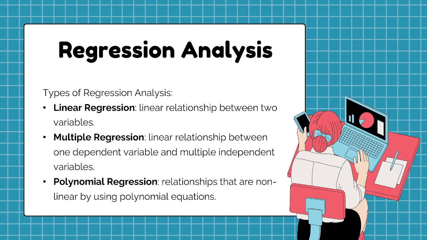That means we have only one y variable and more than one x variable. If it's not linear, we can call that relationship polynomial regression. This is a non-linear relationship, so we can investigate further by using polynomial equations. But we will try the first method. If we have enough time, we can proceed with multiple regression.